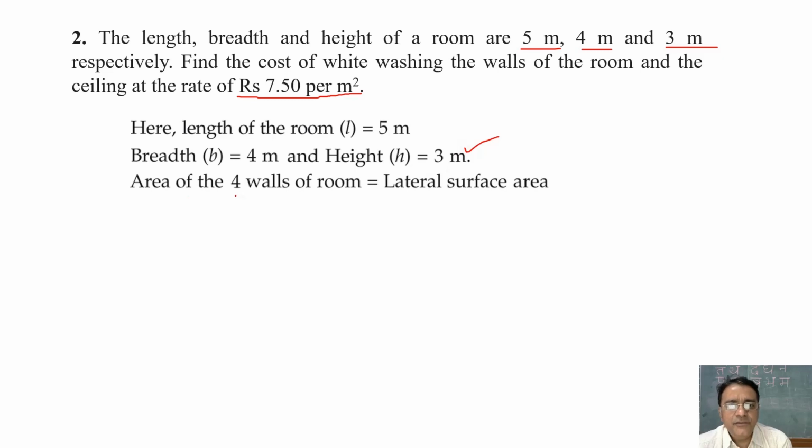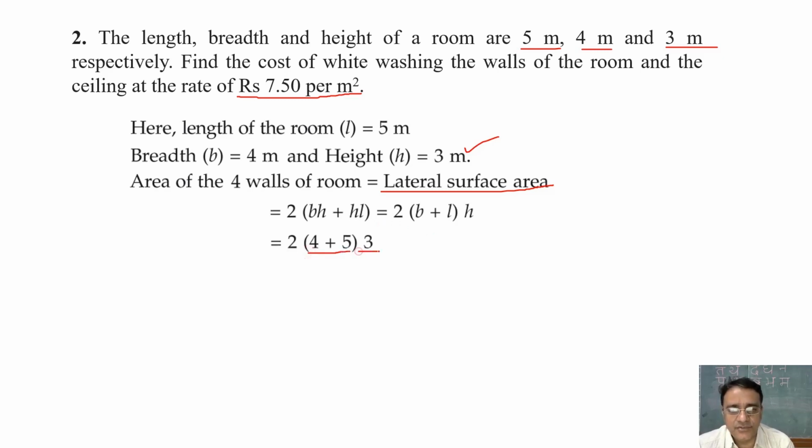Next, area of 4 walls, we know that it is lateral surface area. And what is the lateral surface area? 2 into (L plus B) into H. Okay. Right. Now we'll substitute 2 into (4 plus 5) into 3. So the answer, देखो, 2 into 9, 18 into 3, 54. Clear?